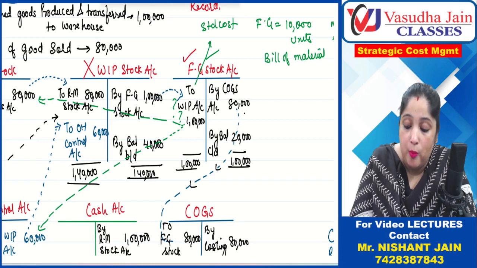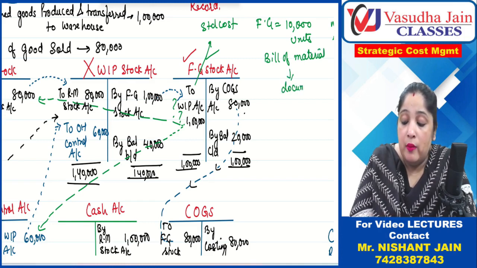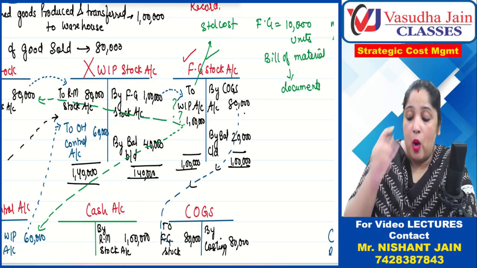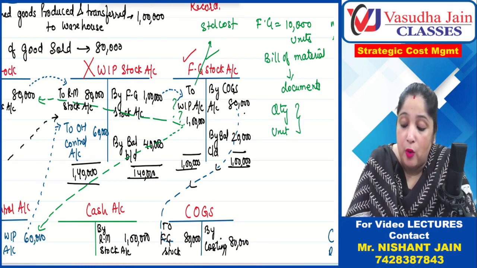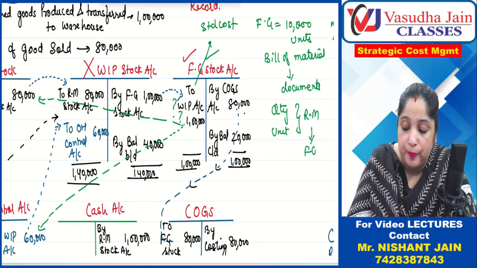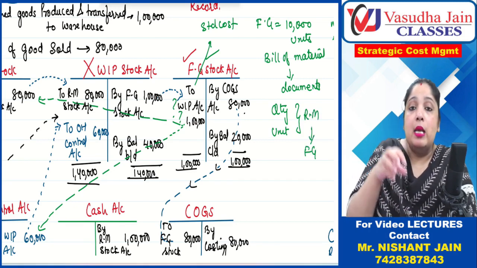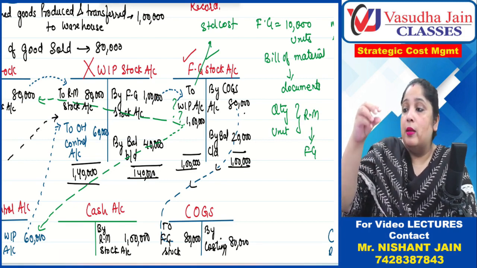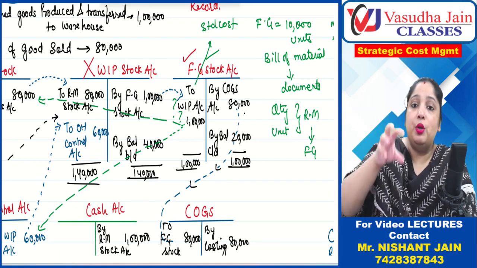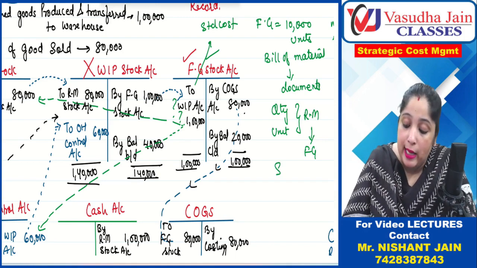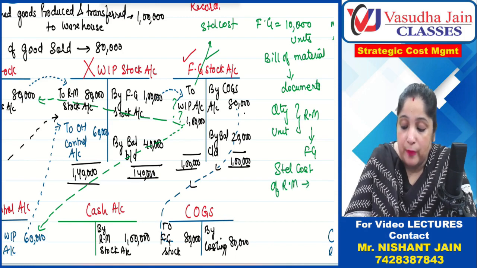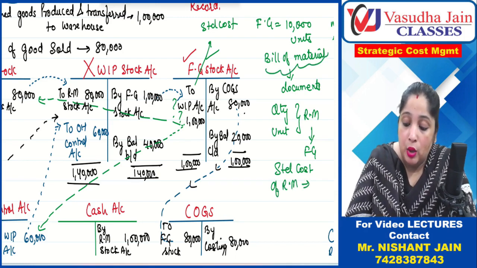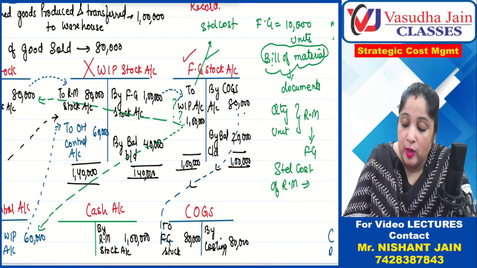A bill of material is a document in which we write what quantity and which unit should be used of raw material in order to manufacture finished goods. So the bill of material records the quantity, the shape, the sizes, and how much should be used to manufacture finished goods. It is basically telling you the standard cost of raw material that should be used in finished goods. So from the bill of material you can get to know, for example, that rupees 5 per unit of raw material should be used.